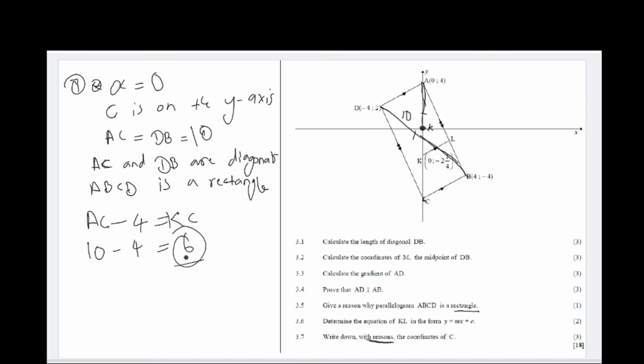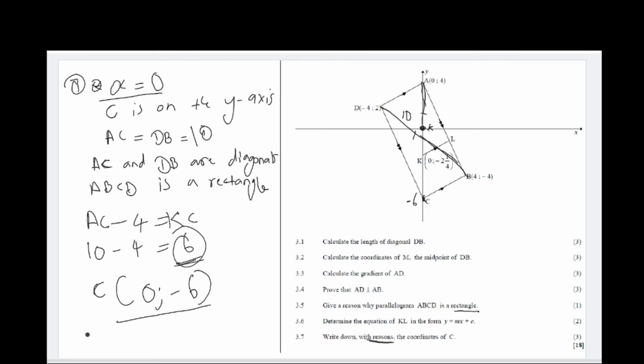But this is the length, so it doesn't mean that here you have 6. It is just the distance from here to here. Since we want the coordinates of C, and this point is on the negative side of the y-axis, x is 0 and my y point is negative 6.